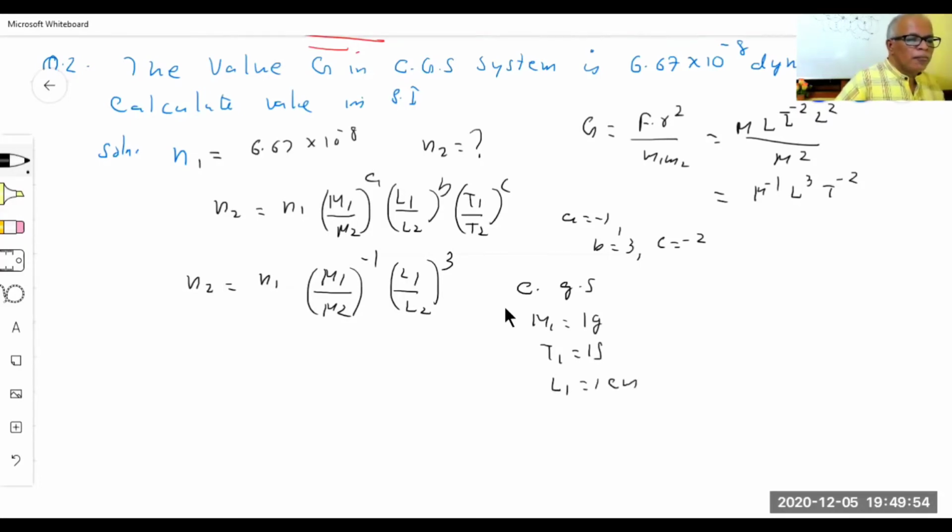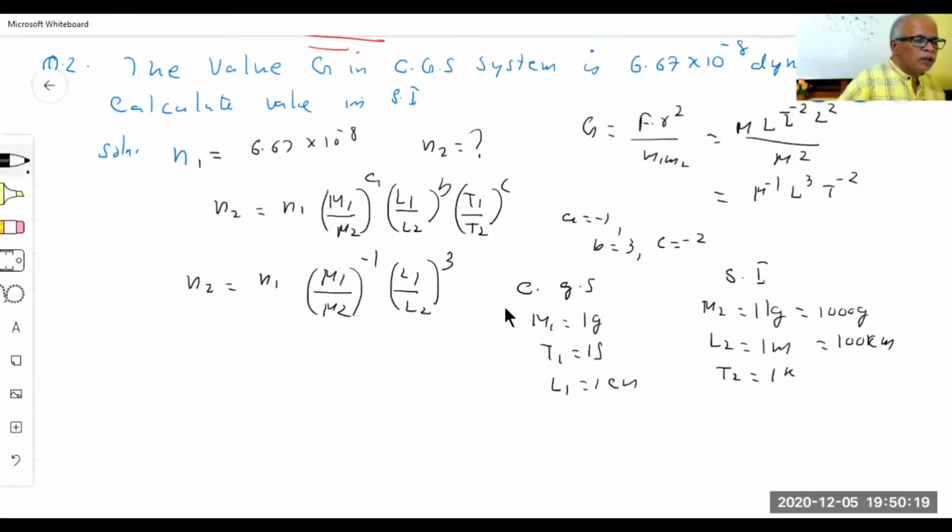Now the other one is M2, SI. In SI, M2 is 1 kilogram, 1000 gram. L2 is 1 meter, 100 centimeter, sorry. T2 is 1 second.